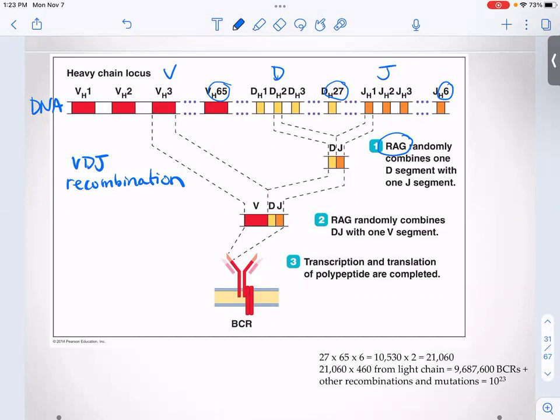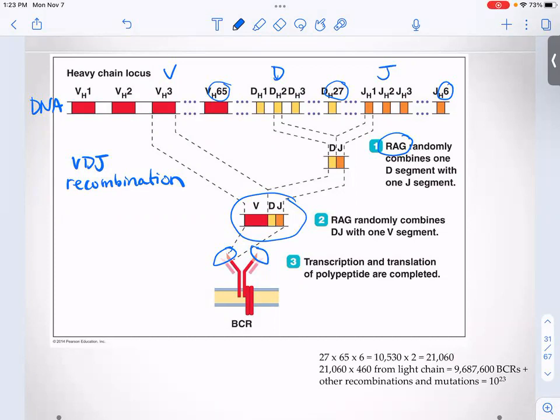Well, sometimes the combination that the RAG protein picks is not a viable protein. Okay, so that B cell just kind of dies by a programmed cell suicide. But assuming that it's a combination that works, that is what is incorporated on both of the antigen binding regions of that B cell receptor.